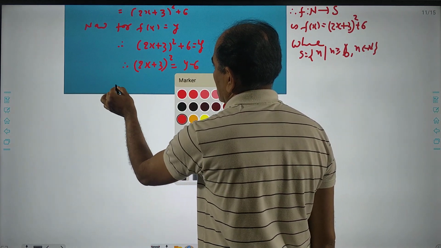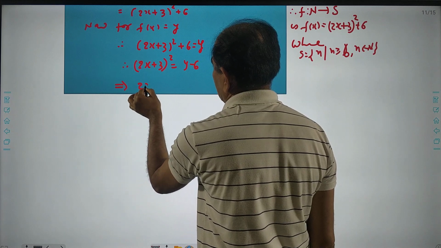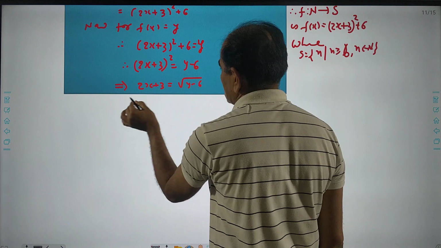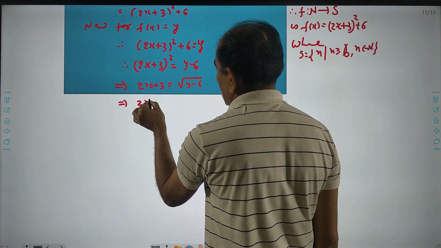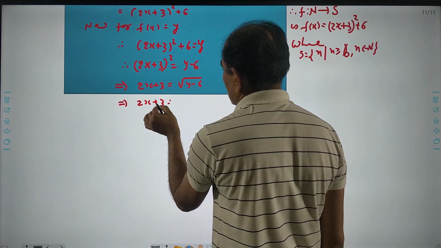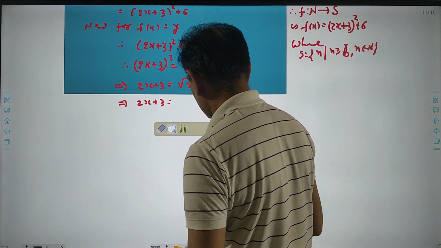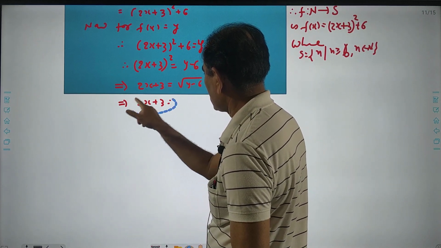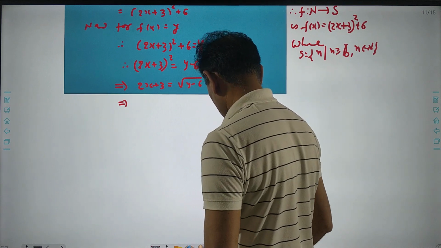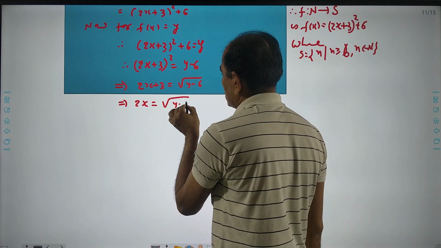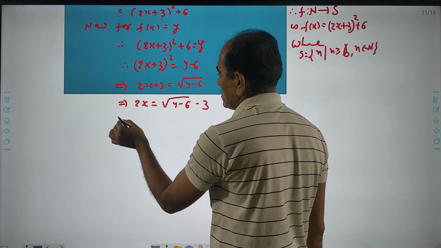Now see, this implies 2x + 3 is equal to root of (y minus 6). This implies 2x is equal to root of (y minus 6) minus 3.